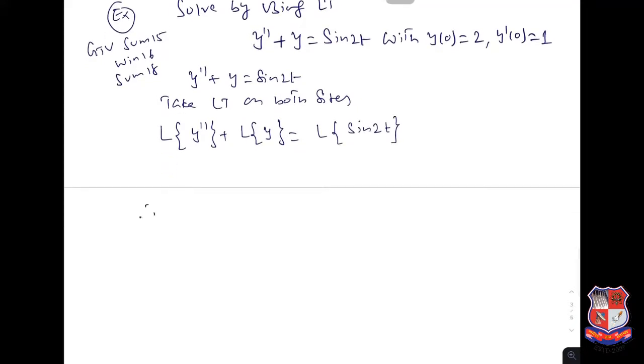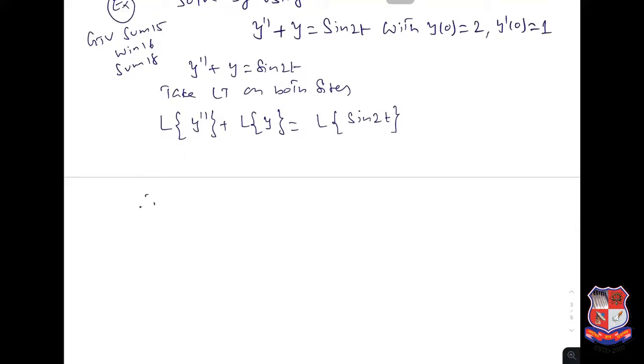Now the Laplace transformation of y second derivative is s square Y(s) minus s y at 0 minus y dash 0. Remember this formula. Plus the Laplace transformation of y is Y(s), equal to the Laplace transformation of sin 2t, that is a upon s square plus a square, so 2 upon s square plus 4.